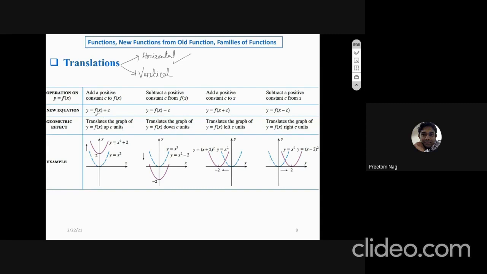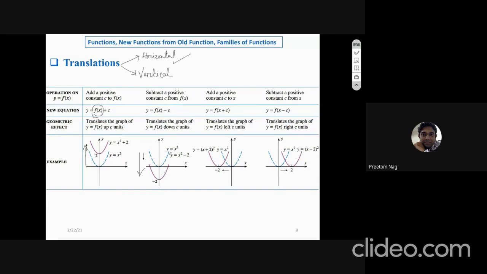So if some number is added to the original function y equal to f of x, right, then the graph will move up by that amount. Okay. If f of x is subtracted by some number, then the resultant graph will be moved vertically downwards by that amount.